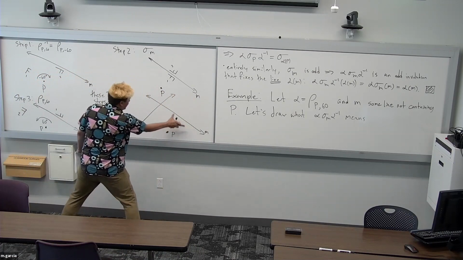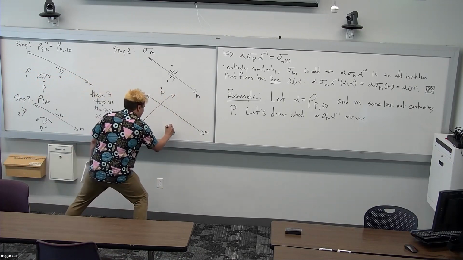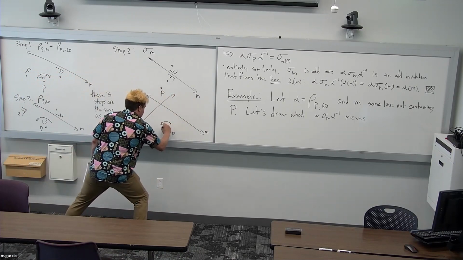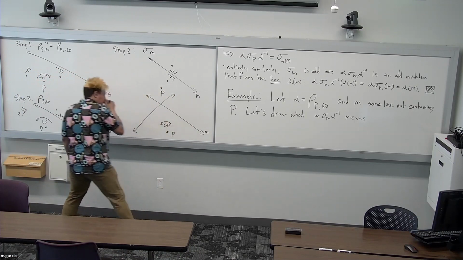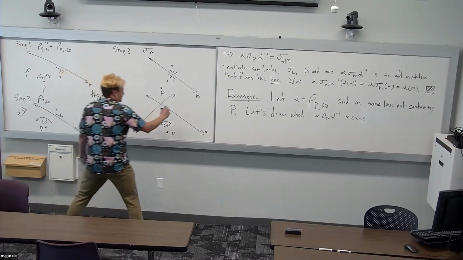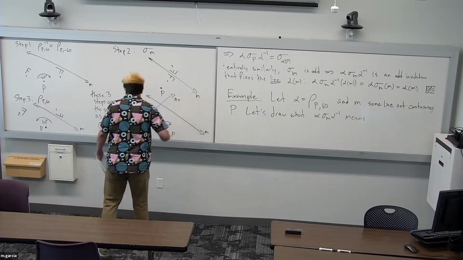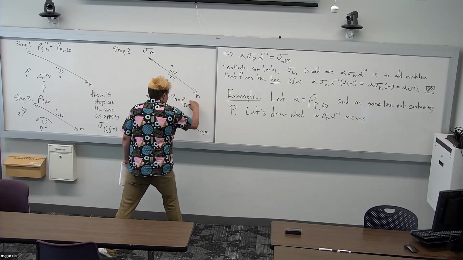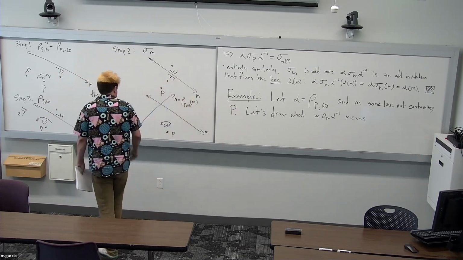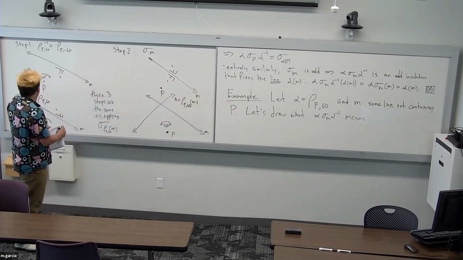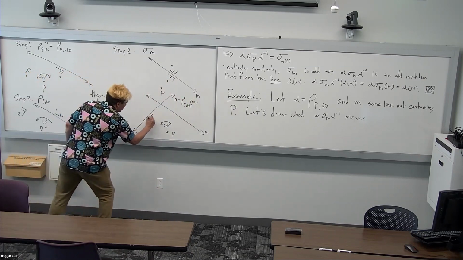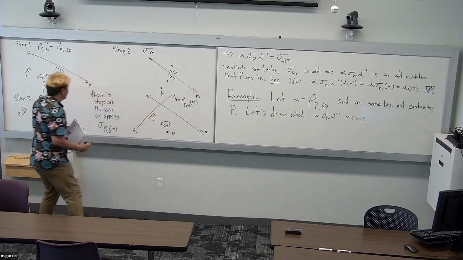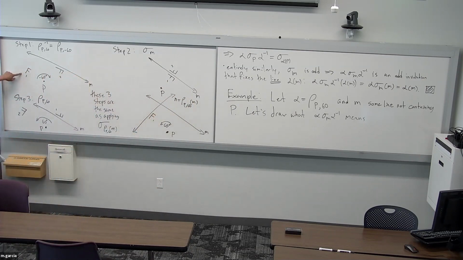I take M and I rotate it by 60 degrees. And we'll call this N, or this somewhat more cumbersome notation, rho sub P comma 60 of M. So now I start with my same F1 back from step 1.